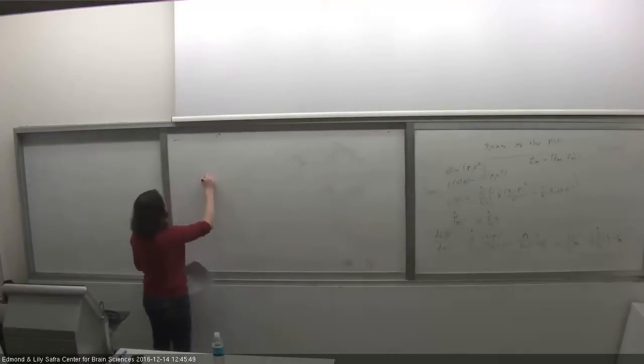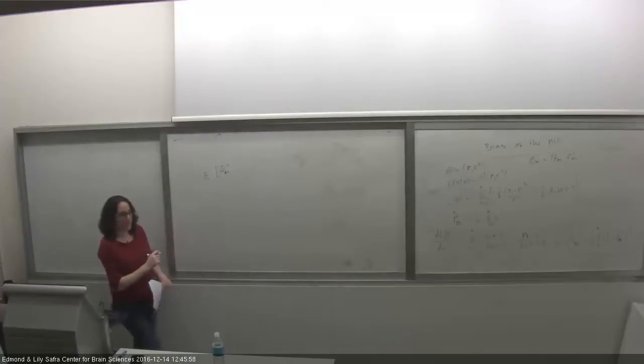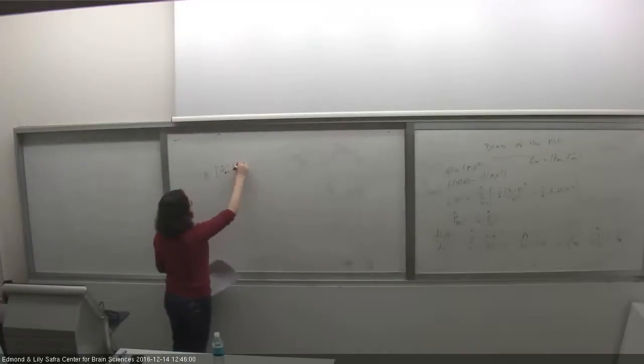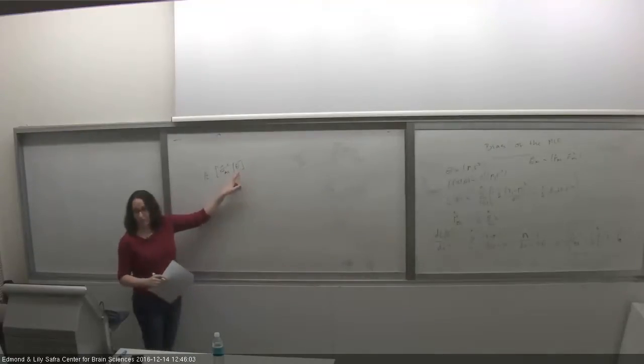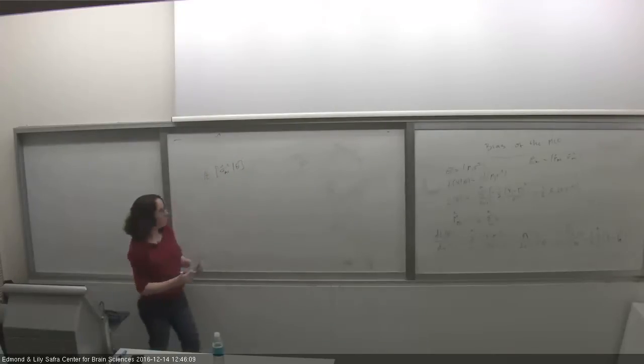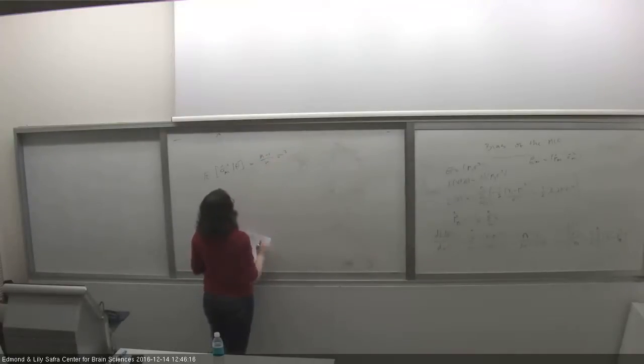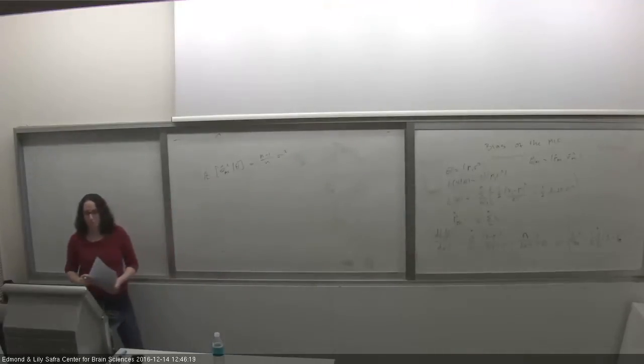So the expected value of sigma hat squared ml given the true mean and variance, and the bias is this minus the actual value. You can show that it's n minus 1 over n times sigma squared, the real variance.